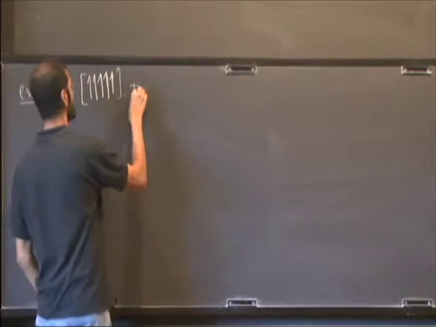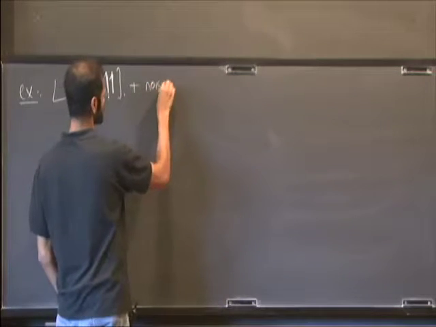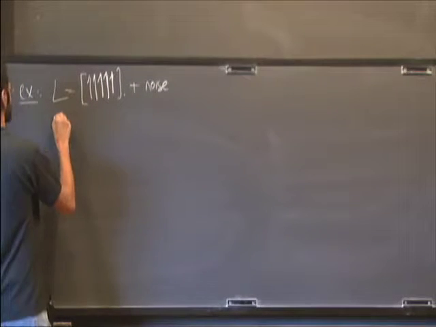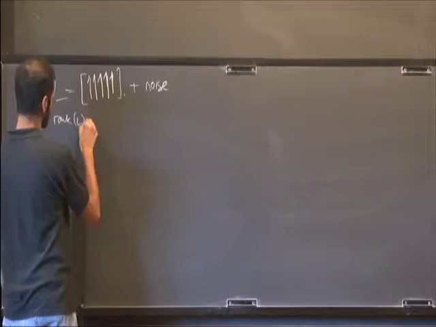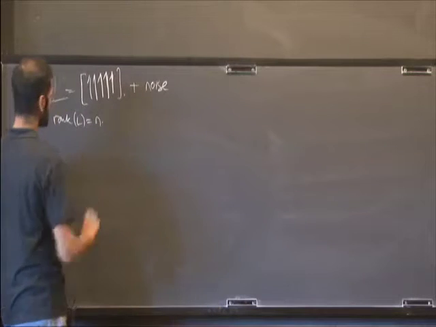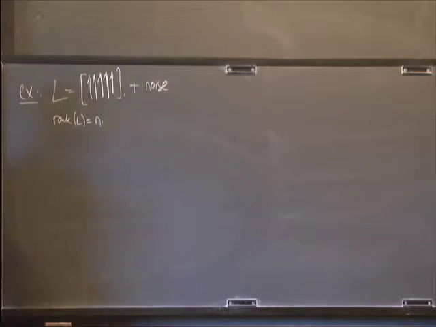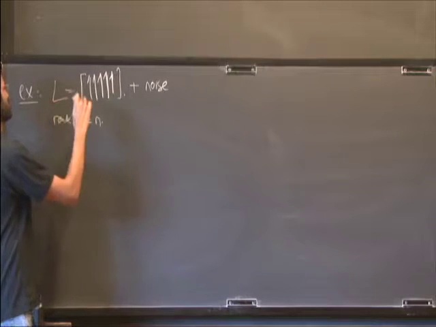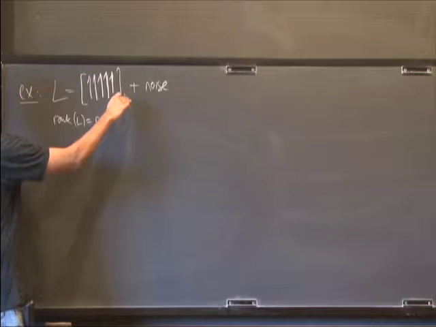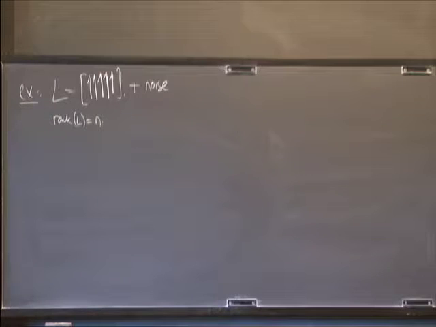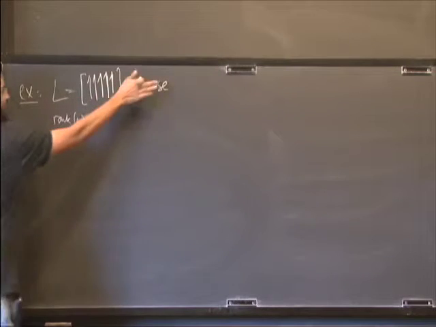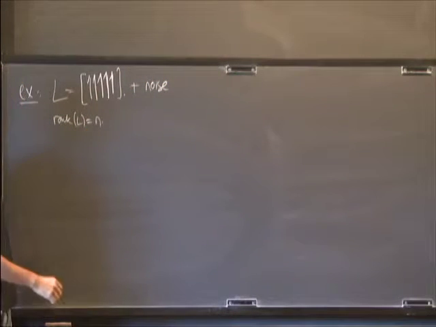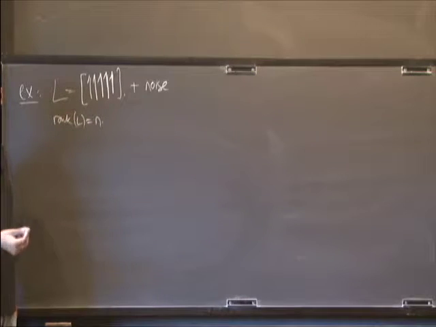But if I add some tiny amount of noise, I suddenly get rank equal to n, and the whole matrix is invertible. Fundamentally, the behavior of this as an operator is not very different from without the noise, so it's still really degenerate, yet it has full rank.